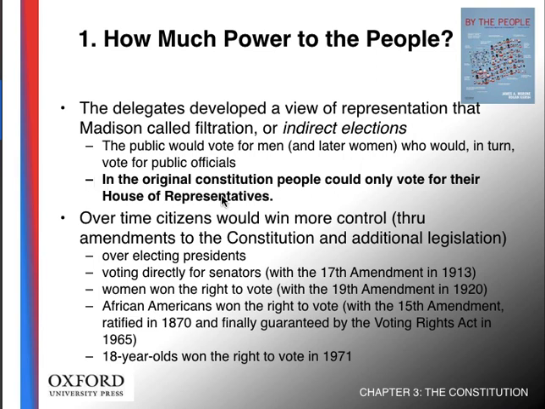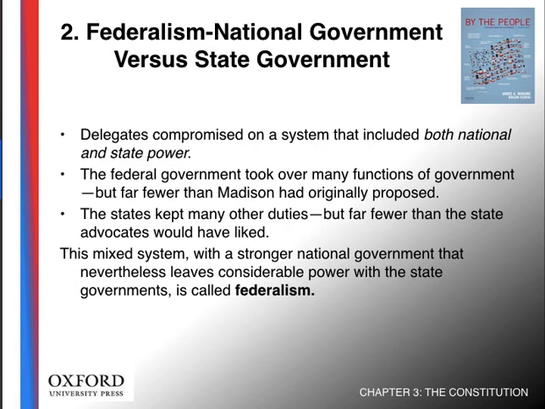This is in bold here, which means it'll probably be on the exam. So in the original Constitution, the only office that people could vote for was the House of Representatives, and then after the amendments, we were able to vote for the other offices.